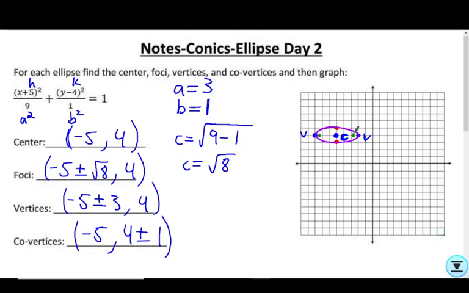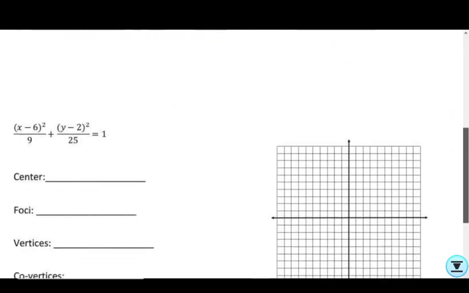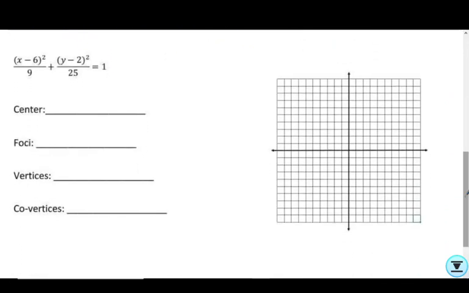All right. For the second one, same thing. We've got to figure out, is this horizontally major or vertically major? Again, we're looking for our a squared. A squared is the bigger number, so a squared is under y, so this is a vertically major ellipse. So this is b squared.